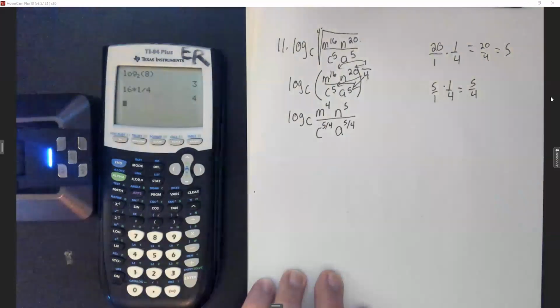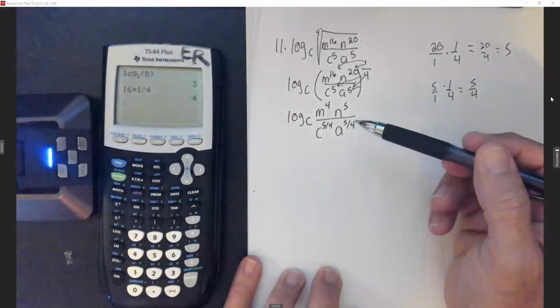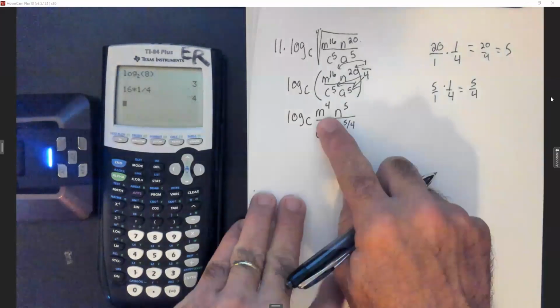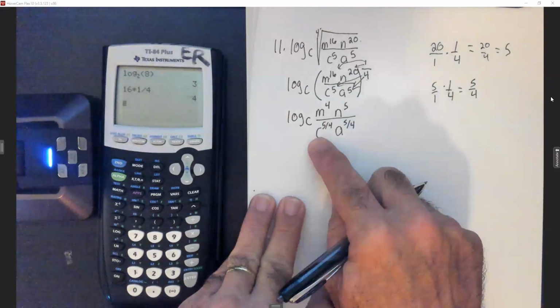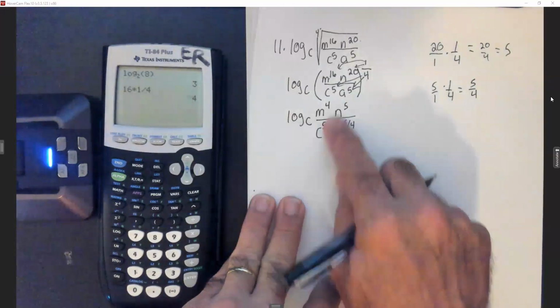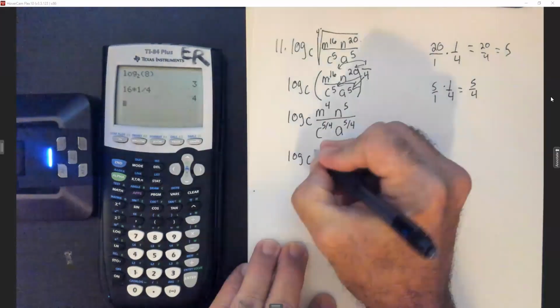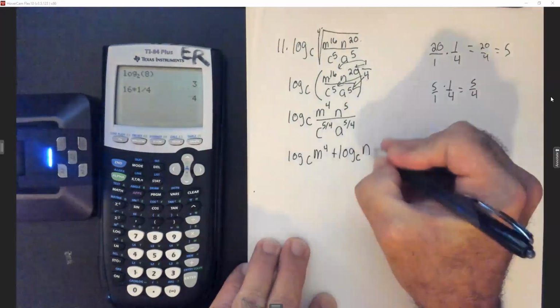But y'all, all I did to that whole problem so far was get rid of that radical. Now, we're going to rewrite it. If it's on top, it's positive. If it's on bottom, it's going to be negative. And distribute the log C to all 4 of those. So I get a log C of M to the 4th plus a log C of N to the 5th.